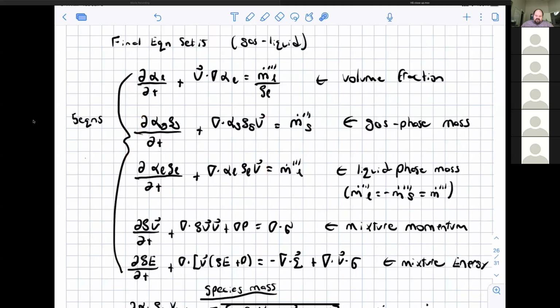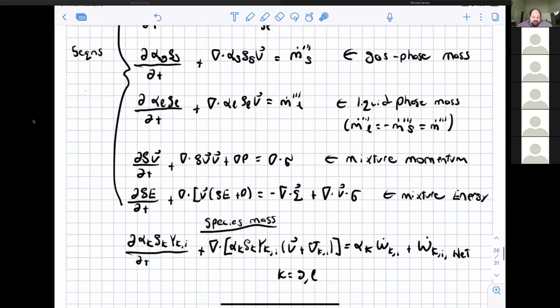And if you conserve mass for each phase, then basically you also conserve total mass. Okay, and so that's basically why this is done. And this also directly gives you the alpha G rho G and the alpha L rho L that is needed to define the mixture density.